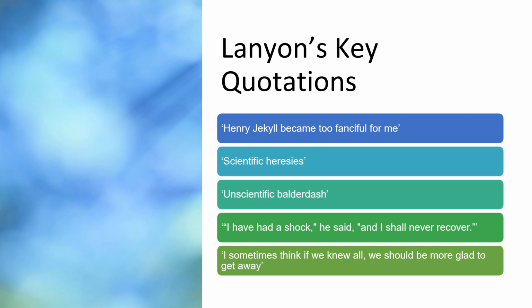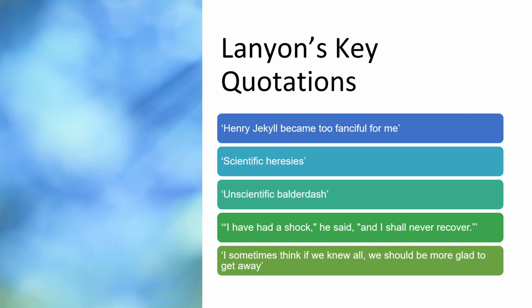So he doesn't see a problem with leaving. He doesn't see a problem with dying because he just feels like he wants to. At this moment, he feels like everything has disappeared for him, that core belief system that he had about science, and that's his life's work. So his life's work has been taken away from him, so we can see why he would be so upset by that.